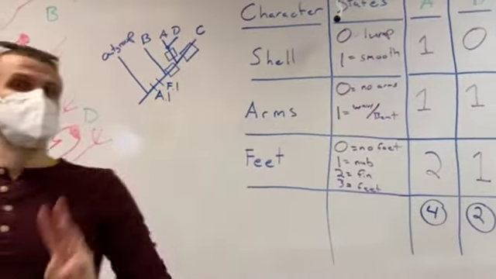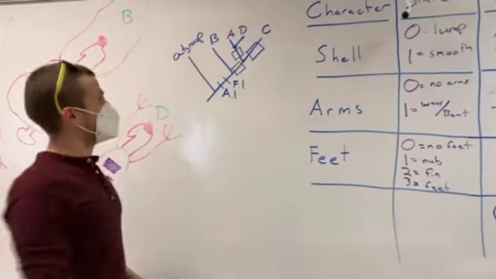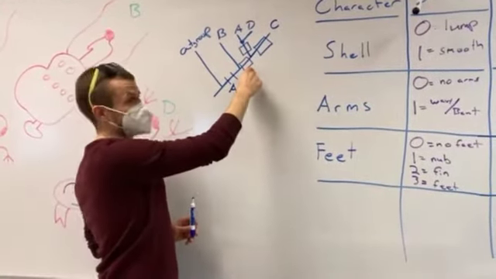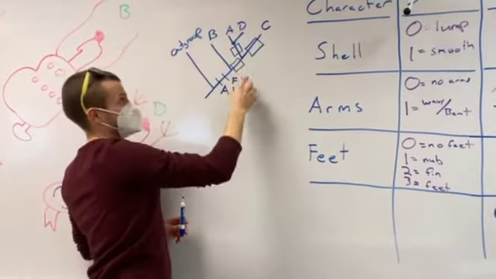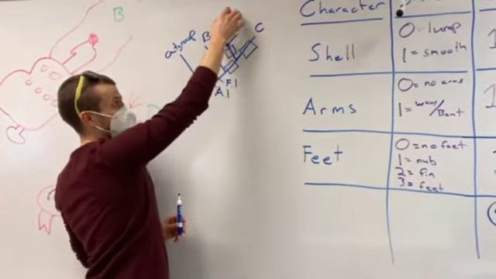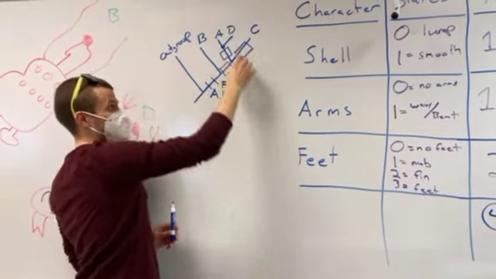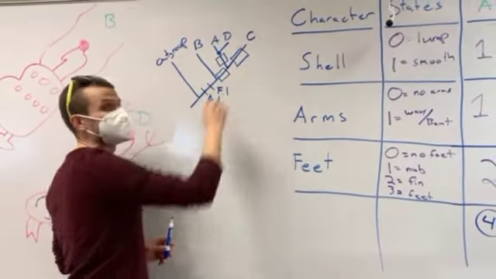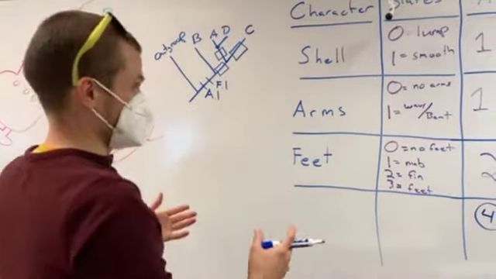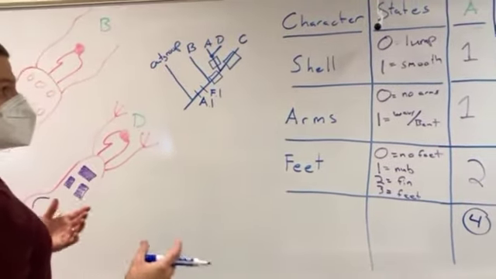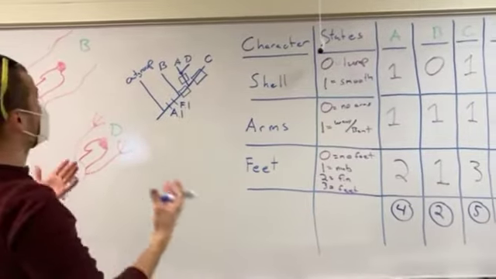So we have 3 different regions where these tick marks are going to go. Putting them at the base will cause all descendants to inherit it. Putting them at the base of A and D will cause these 2 descendants to inherit it. And putting it at C will cause only C to inherit it. Does that make sense?